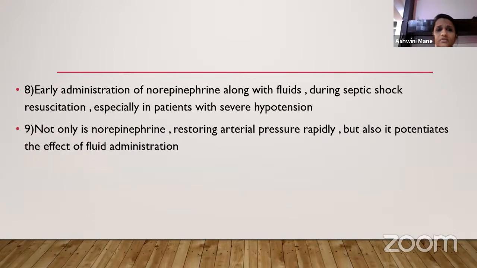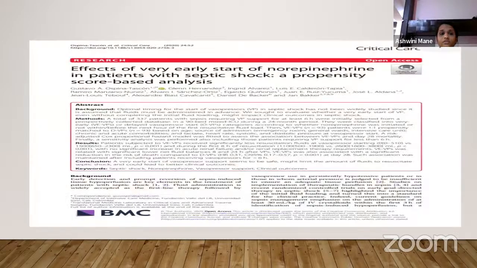So the early administration of norepinephrine along with fluid during septic shock resuscitation, especially in patients with severe hypotension, not only restores arterial pressure rapidly, but also potentiates the effect of the fluid administration. This is a paper published in the BMC Journal, which shows the effect of the very early start of norepinephrine in patients with septic shock.